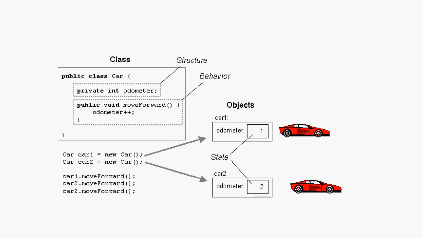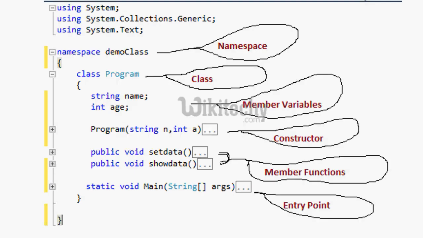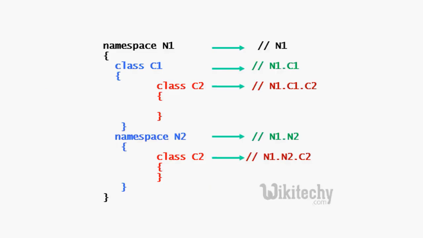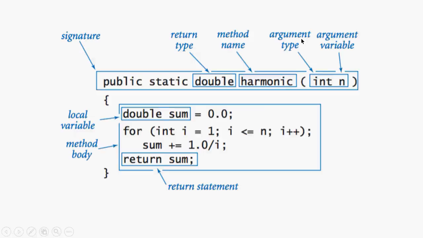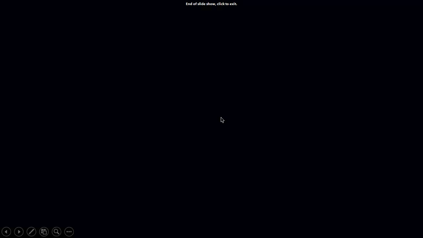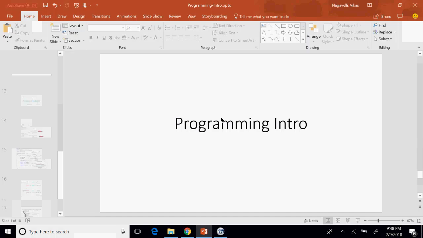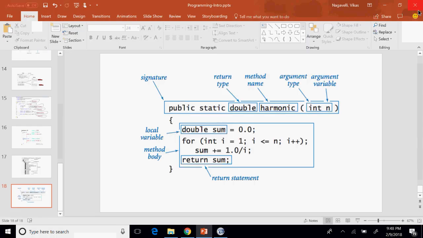Here you can see a simple program to create different objects for the class, and the anatomy of a C# class, namespaces and class names. You can have the same class name in different namespaces, and this is how the MS Corp looks, and this is how the method definition is. So that is about today's class.